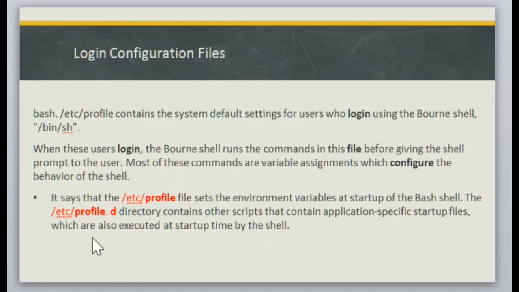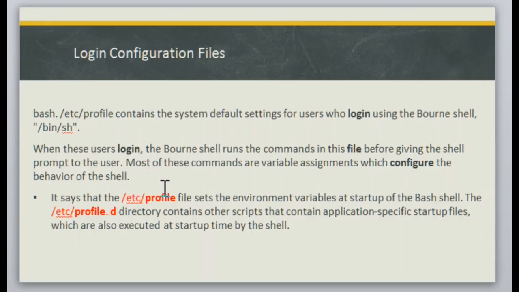So how we can manage that is in their /etc/profile file, okay? So this file contains the system default settings for users who log in using the Bourne shell, which is /bin/sh. When these users log in, the Bourne shell runs the commands in this file before giving the shell prompt to the user. Most of the commands are variable assignments which configure the behavior of the shell.